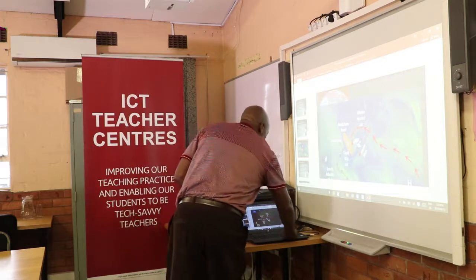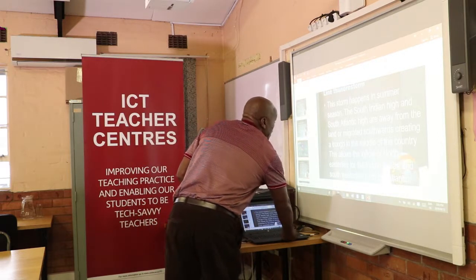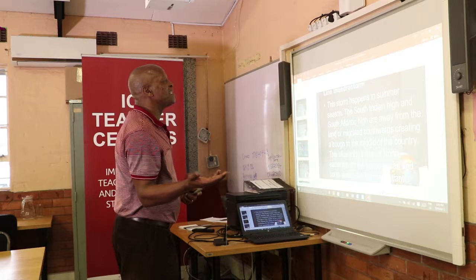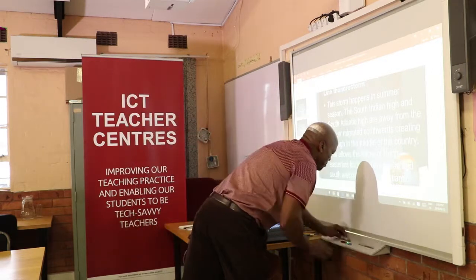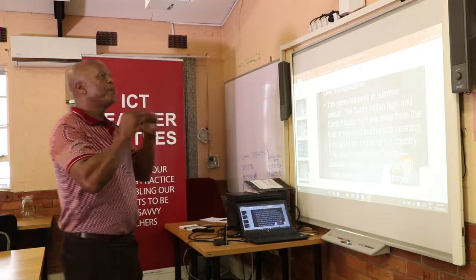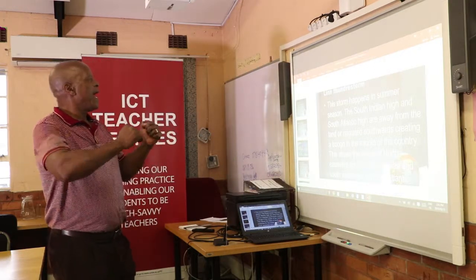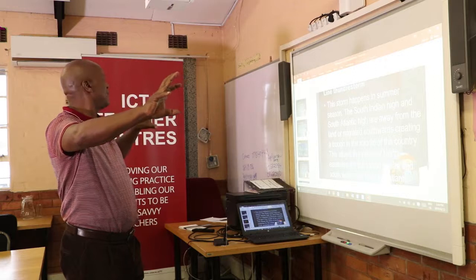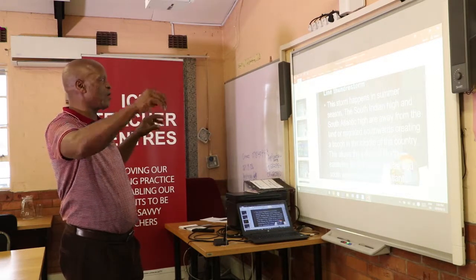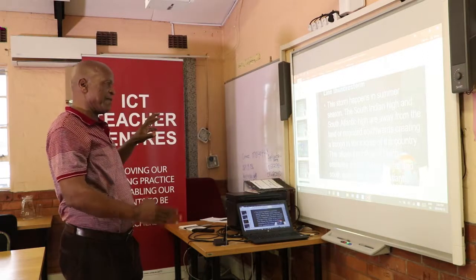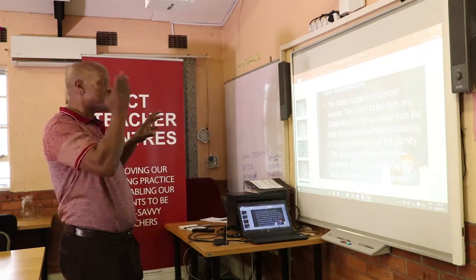Then let's move on. This storm happens when? During the summer season. Why during the summer season? Because these anticyclones or high pressure cells are there, and in the middle of them, in the country, there is a trough.